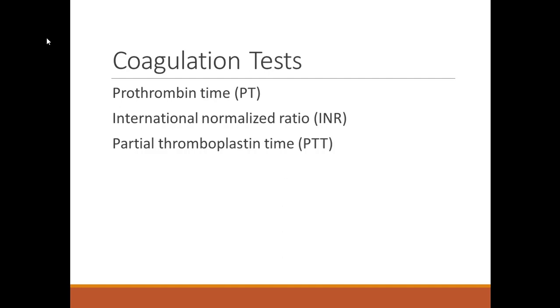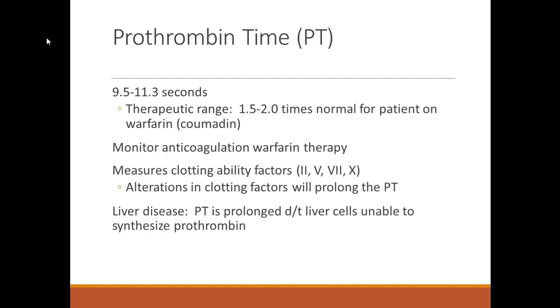Moving on to talk about each test individually, the PT, or the prothrombin time, measures how many seconds it takes the blood to clot. So that's where this 9.5 to 11.3 seconds comes in. That is a normal person who is not on any type of blood thinner.